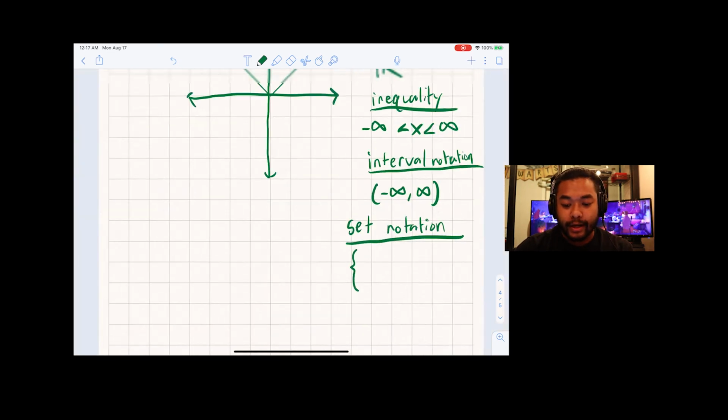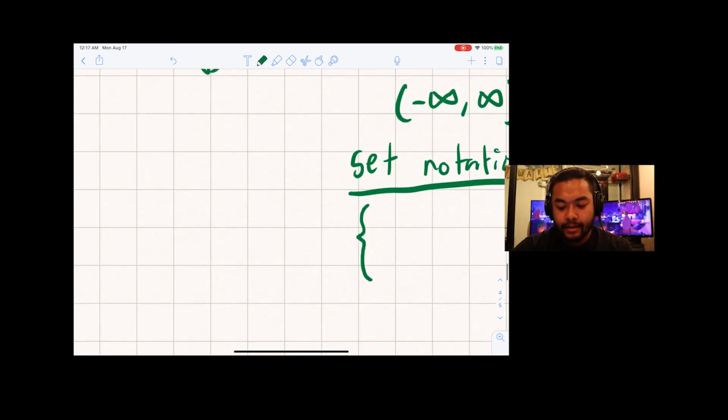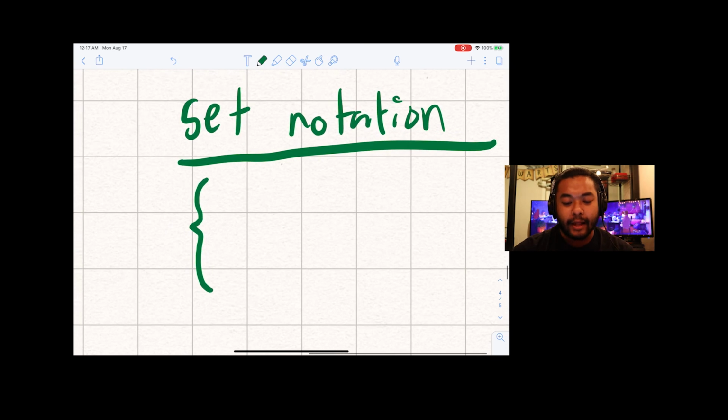And then, since we're talking about domain, and I'm going to try to say this out loud so you guys can get an idea of what this literally means in words. Curly bracket, the set of all x values such that, and there's two ways to write this. I'm going to do the first.